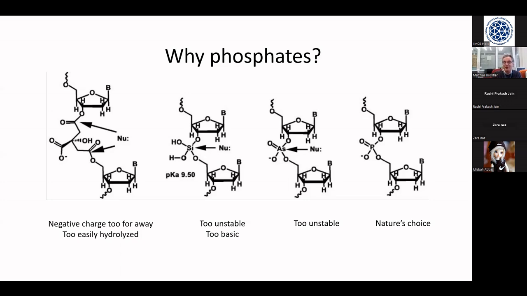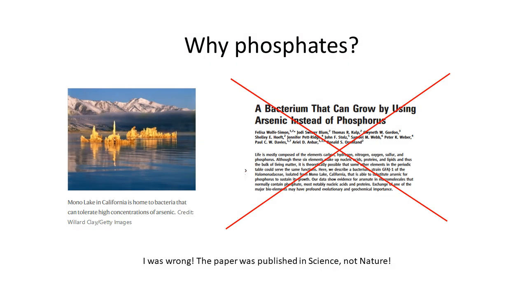to assure long-term stability. And with that comes a funny anecdote that I still remember from when it was published. About 10 years ago, there was a paper in Nature, I think it was Nature, that claimed there's a bacterium from a lake in California that's very salty and also full of other exotic elements. And the conclusion was that this bacterium tolerates insane amounts of arsenic.